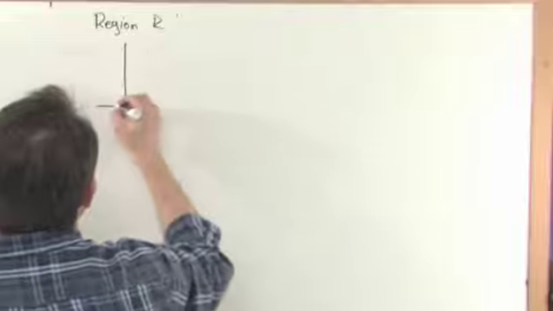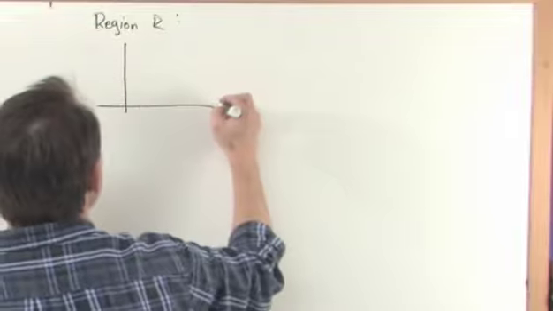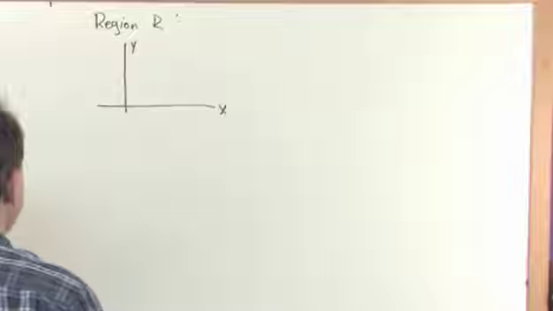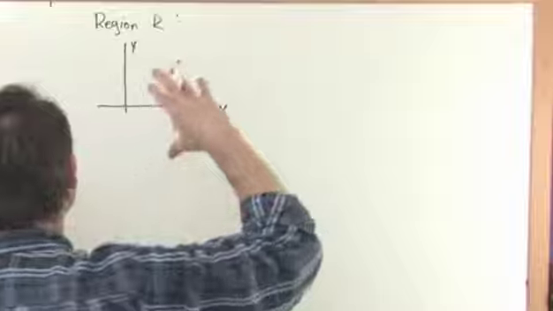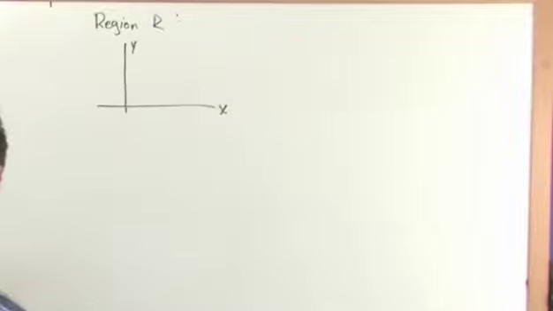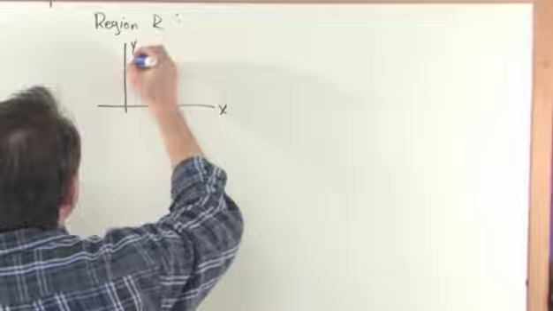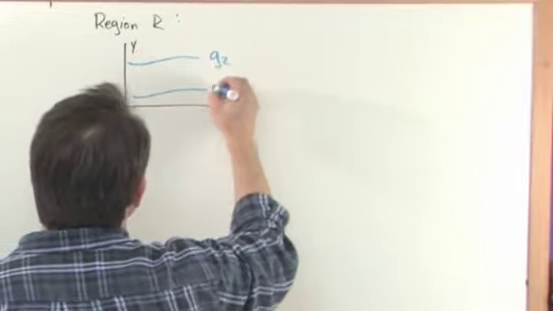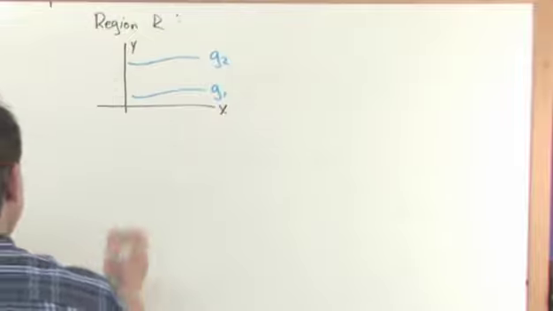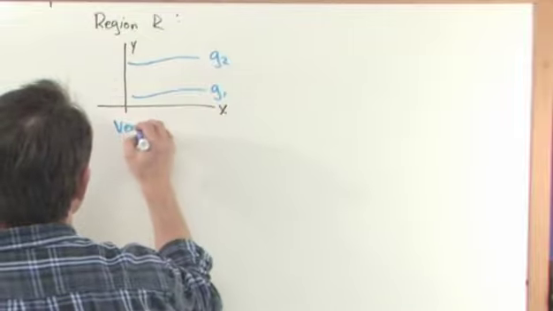If I have, looking down on the X, Y plane, okay, here's a three-dimensional view of what's going on here, but now I'm asking you to look down on the XY plane, okay? If what you're looking at, and don't worry so much about why I'm telling you this yet, just grin and bear it, okay? If you have two functions like this is g sub 2 and this is g sub 1, this is called vertically simple.